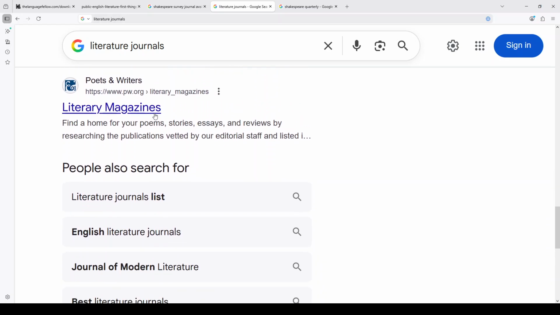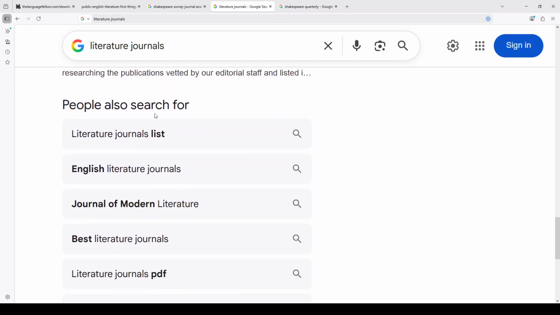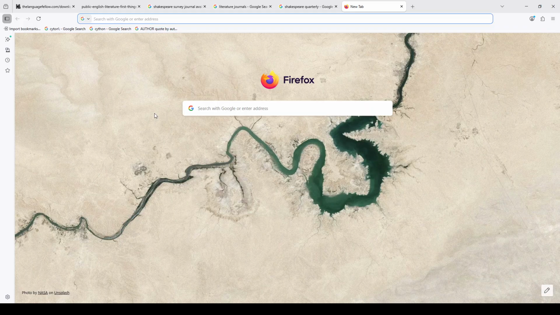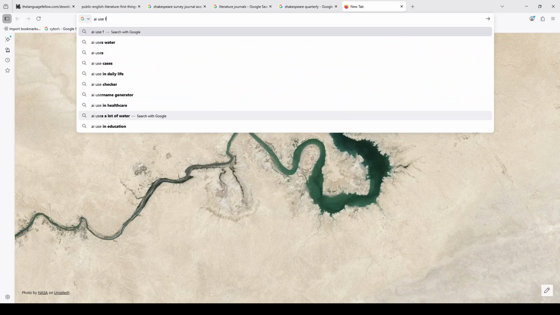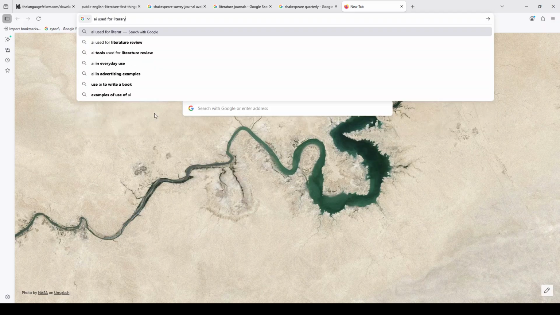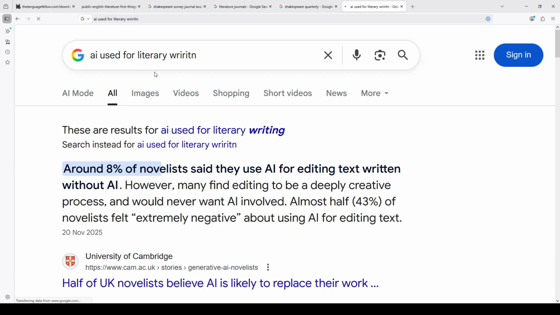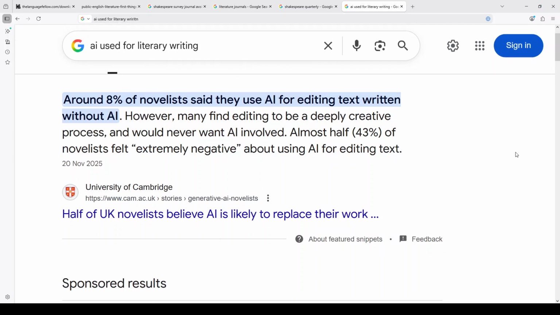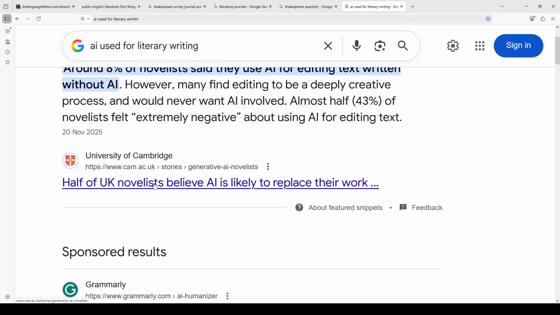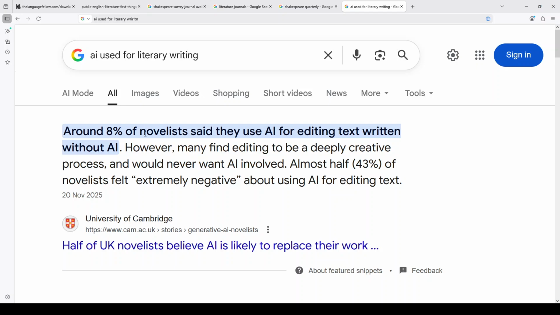Literary magazines, and the thing is, AI used for literary writing. If you go through this, half of UK novelists believe it is likely to replace their work. That's coming from the University of Cambridge.